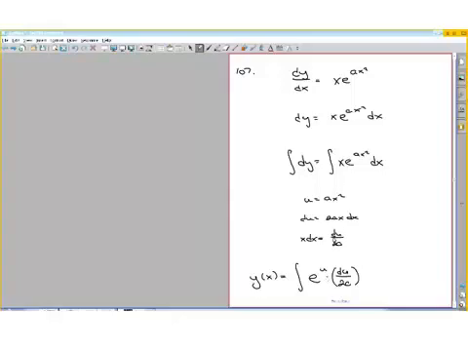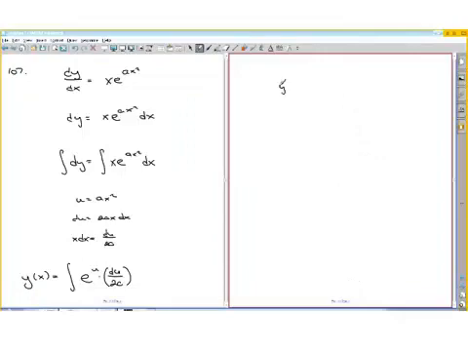So x dx becomes this. Factor out the 2a, so we get 1 over 2a, the integral of e to the u du. Okay, so now we're in good shape. We integrate, so we get y of x is equal to e to the u divided by 2a plus our arbitrary constant, which means that we have a general solution.